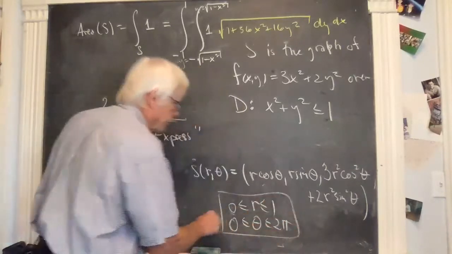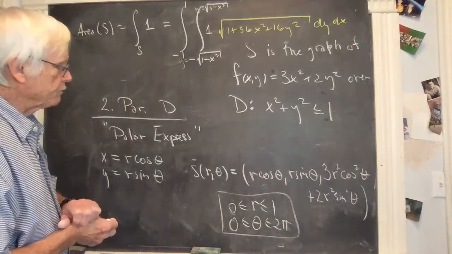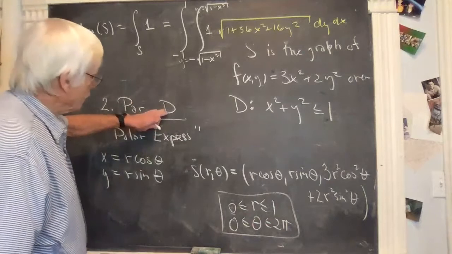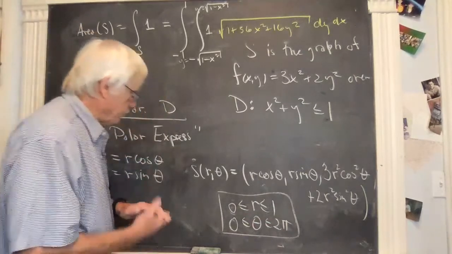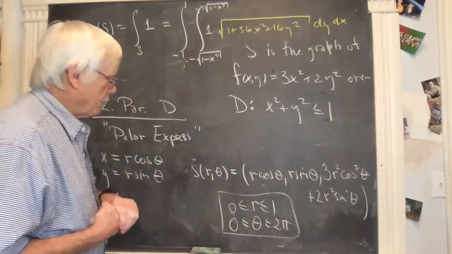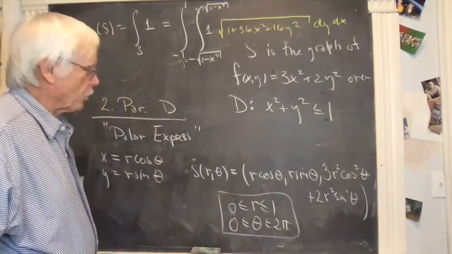This is a big advantage when you're computing. And if you're using Mathematica, you can use implicit function or implicit region to define D. But in higher dimensions, you don't have Mathematica to work for you. And this kind of parameterization becomes an important tool.